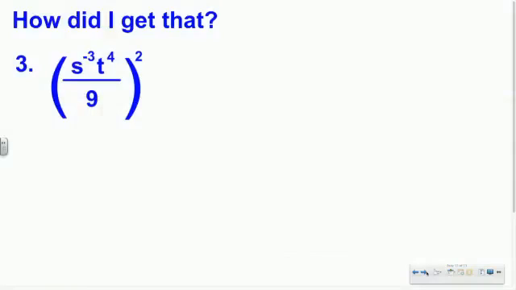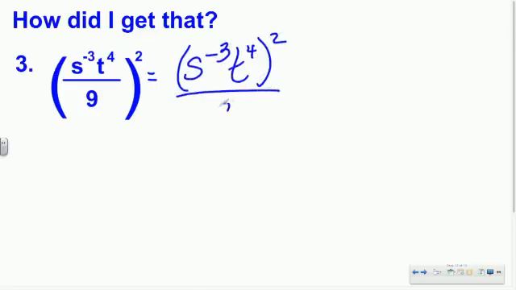All right. If you need to see the third one, here we go. So we had s to the negative 3rd, t to the 4th over 9, and we were squaring that whole quotient. So I started out by breaking it up. I took my numerator, s to the negative 3, t to the 4th squared over 9 squared.